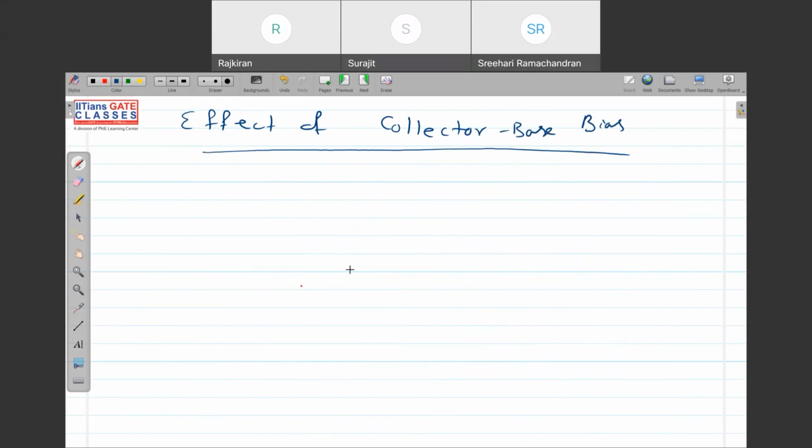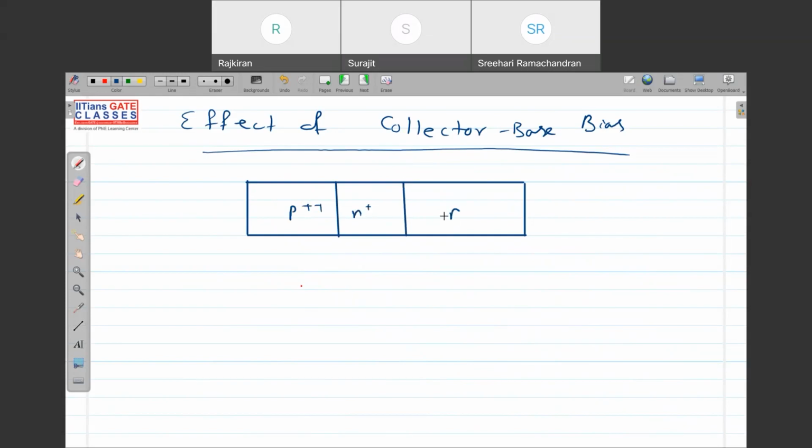Okay, so let us take a transistor. This is your P plus N plus P. Earlier we discussed this; the emitter junction is forward biased, VEB.